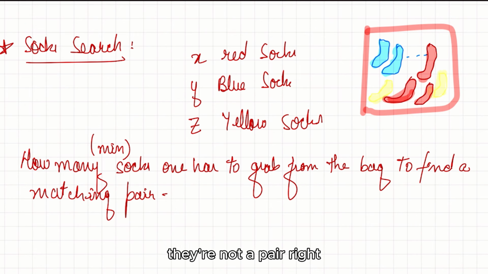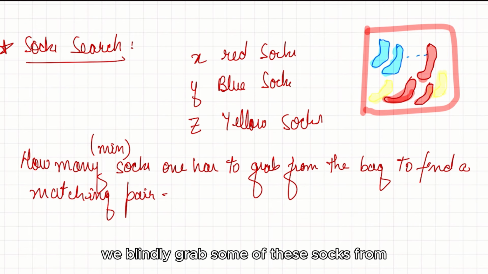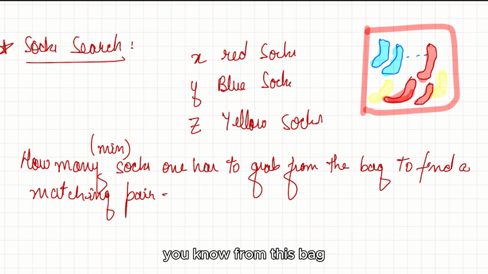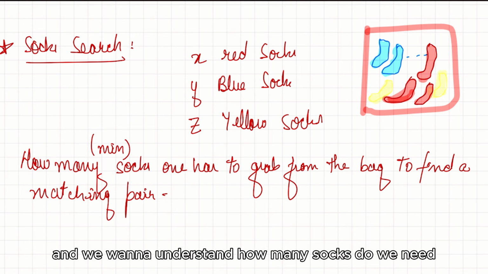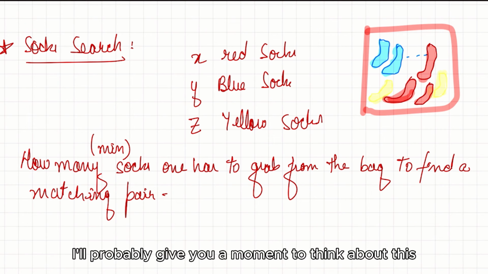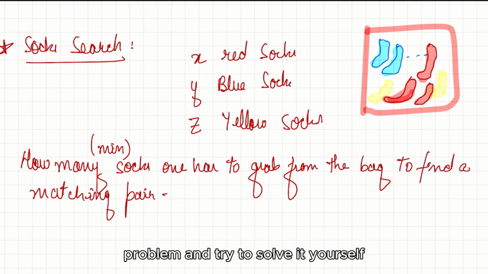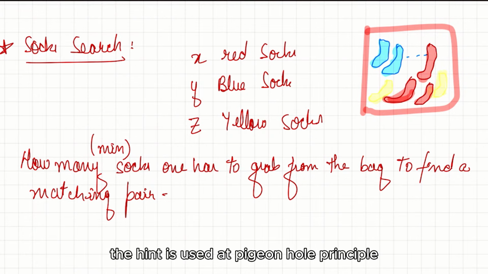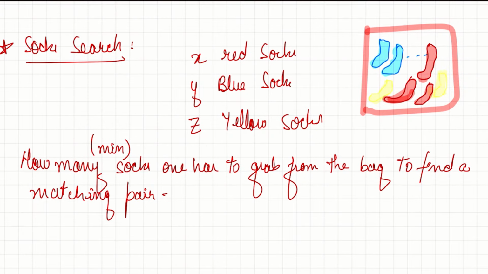They're not a pair, right? And similarly for Y blue socks, there are Y number of these single socks. They're not just a pair here. And we were saying we blindly grab some of these socks from this bag, and we want to understand how many socks we need in order to make sure there's one matching pair. All right, so I'll give you a moment to think about this problem and try to solve it yourself. And of course, the hint is use the pigeonhole principle.